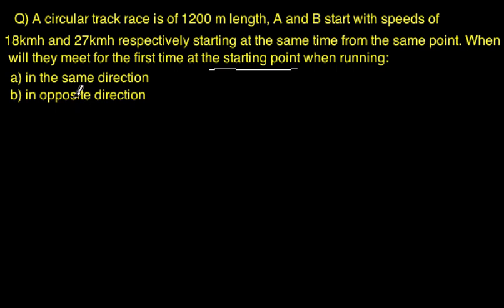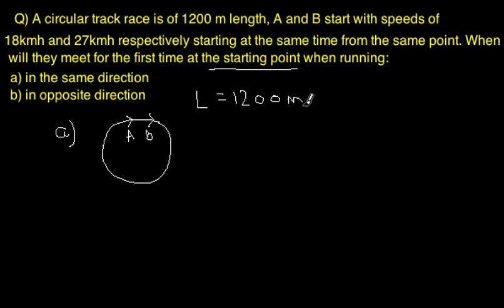Now there are two questions to this. First, we have to do it in case both of them are moving in the same direction. If A and B are moving in the same direction, the length is 1200 meters. We need to convert these speeds into meters per second because the length is given in meters.